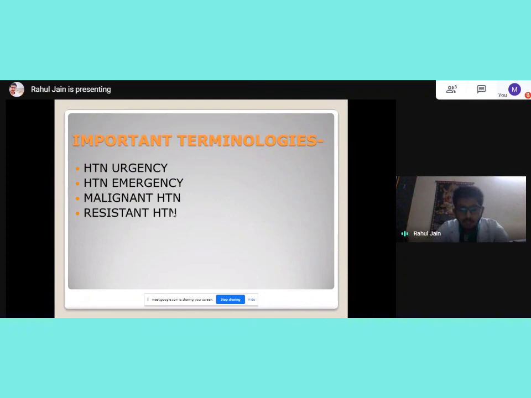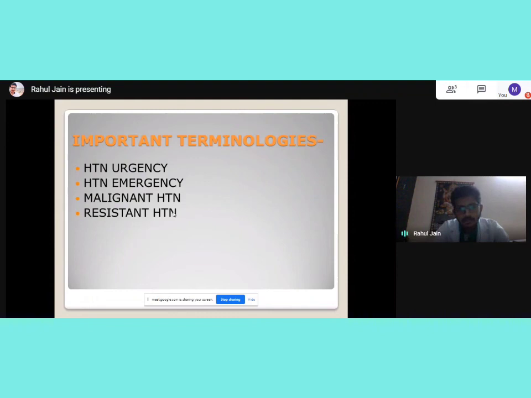When there are no complications associated with very high hypertension, 180/120, we call it urgency. But when it involves any system, we call it emergency. Emergency can be associated with cerebrovascular accident, intracranial bleeds, acute pulmonary edema, sudden heart failure, renal failure, and all these points.